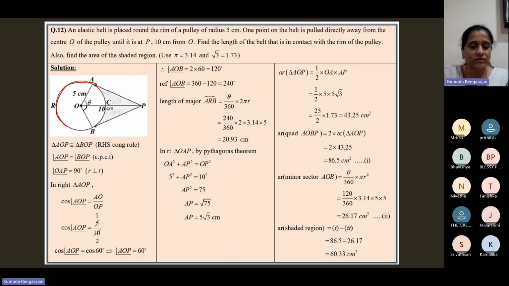Because you pinched and pulled a little of the belt away, this part will stretch like this, so here the elastic belt is not in contact with the rim of the pulley, because you've stretched it away from the center O. So find the length of the belt in contact with the rim of the pulley. Also find the area of the shaded region. You can see this region is shaded, right?